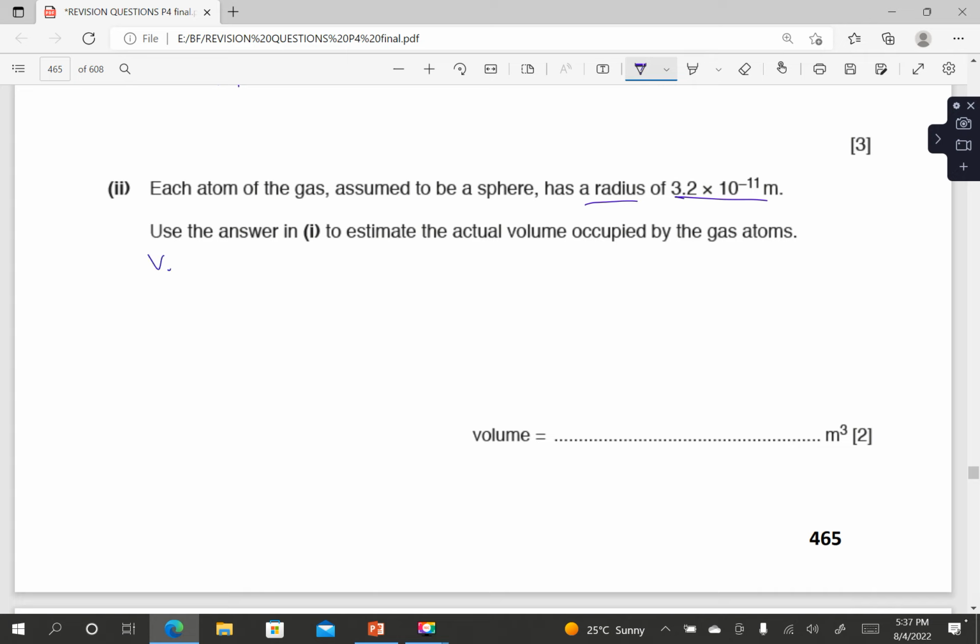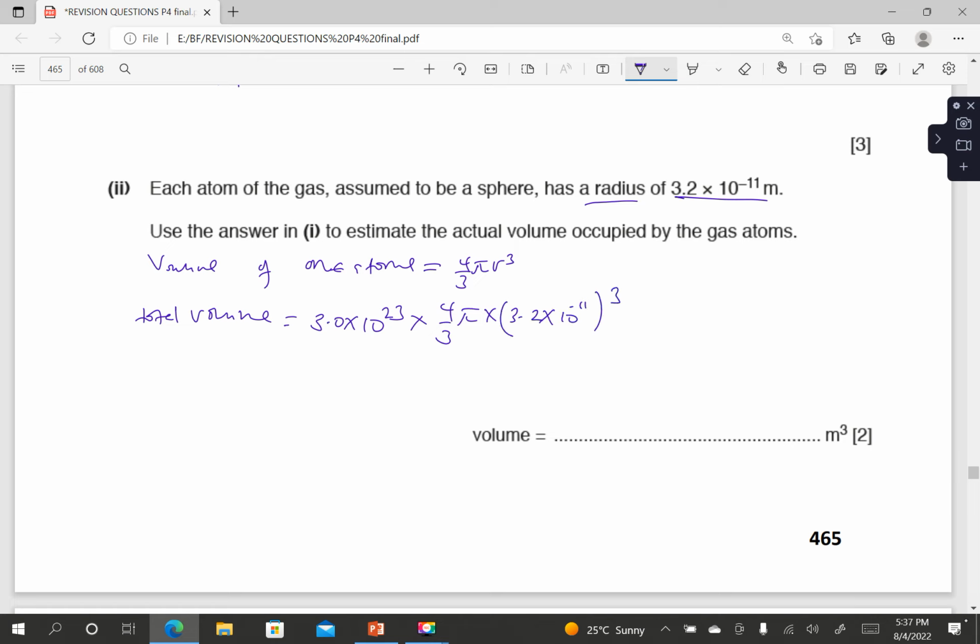So we know volume of one atom. Volume of one atom is going to be equal to 4 over 3 pi r cubed. So let me just find total volume. Total volume is going to be equal to the number of molecules, which we have obtained 3.0 times 10 power 23 times 4 over 3 pi times the radius, which is 3.2 times 10 power negative 11.